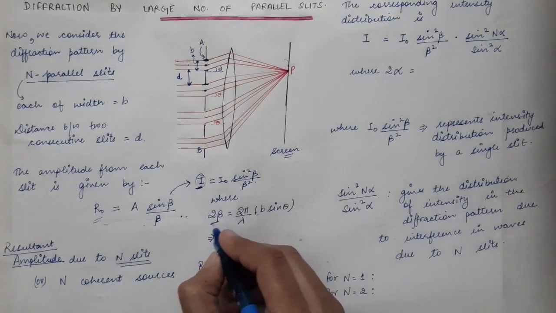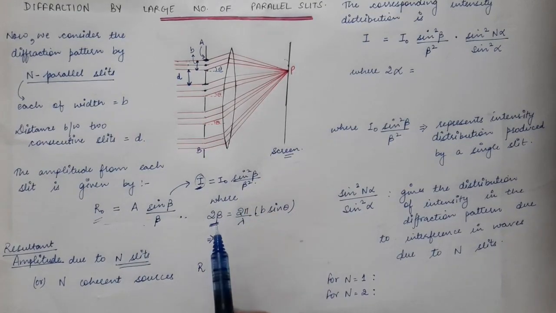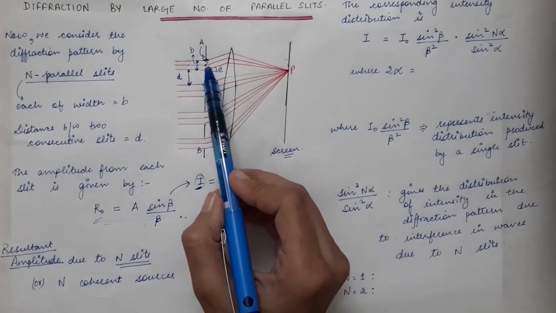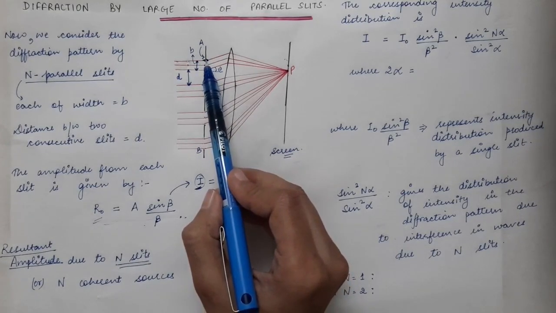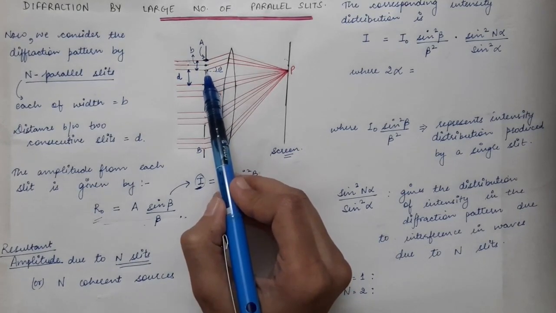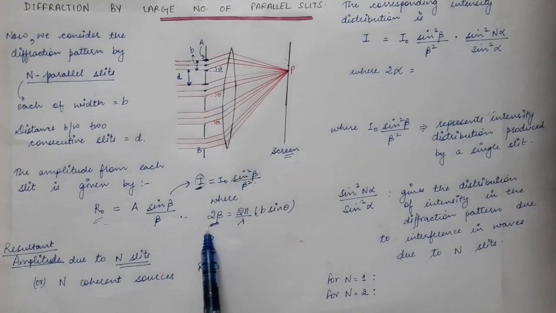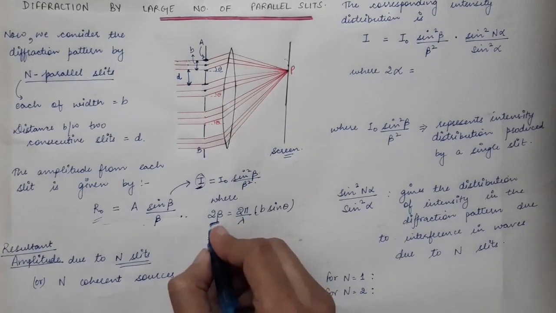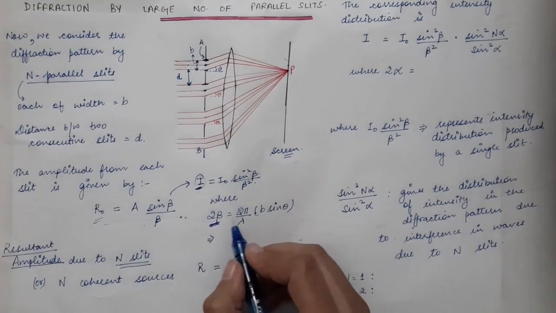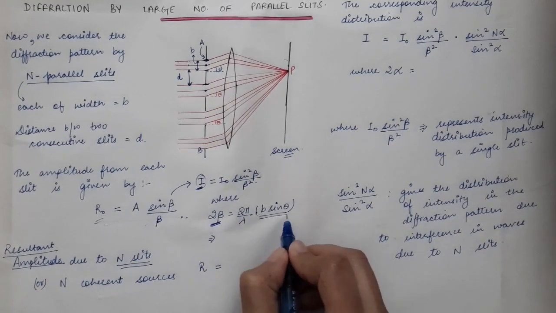And twice of beta, there we saw, was the phase difference between the two light rays which are coming from the two ends of the same slit. We have seen that phase difference is related to the path difference.